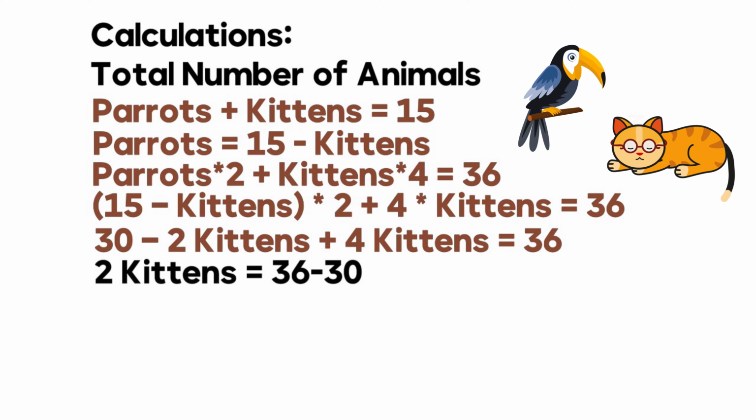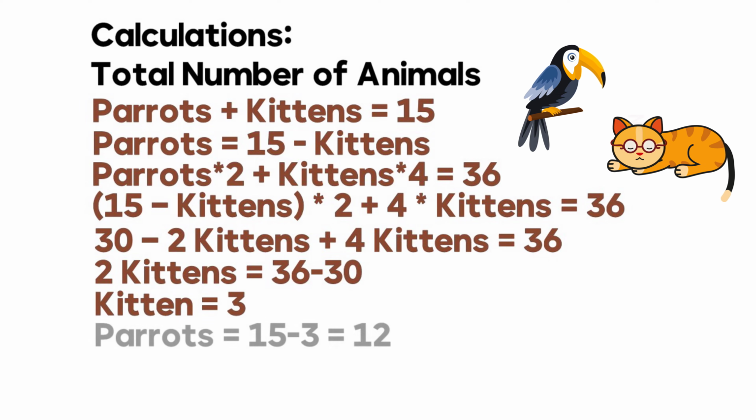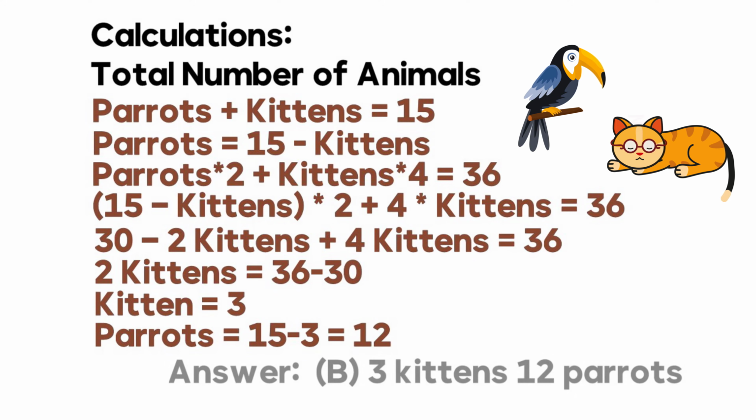After simplification, 2 kittens equals 36 minus 30, which means that there are 3 kittens in the store. The number of parrots will then be calculated by subtracting 3 from 15, and the number of parrots equals 12. So the correct answer here is choice B, 3 kittens and 12 parrots. Hopefully you've nailed this question and now know how to answer similar problems on the test.